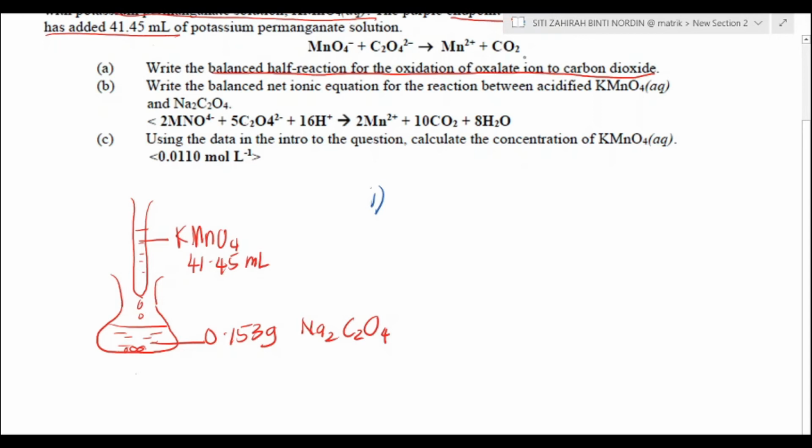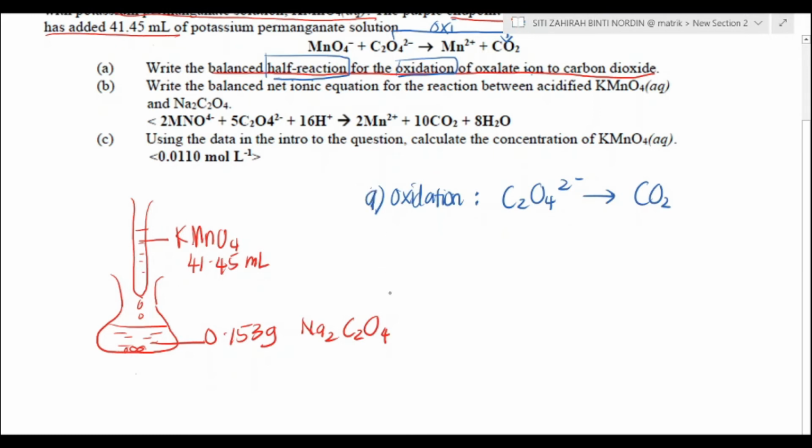The question asks you to write the half reaction for the oxidation, from oxalate ion to carbon dioxide, which is an oxidation process. So write the oxidation half equation, which would be C2O4 2 minus to form CO2.